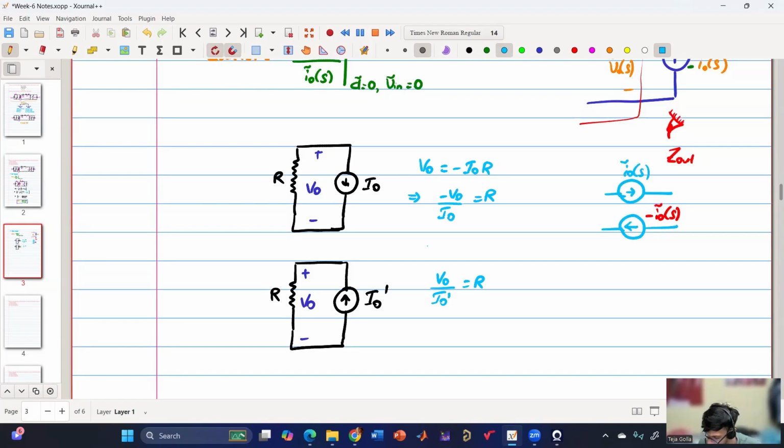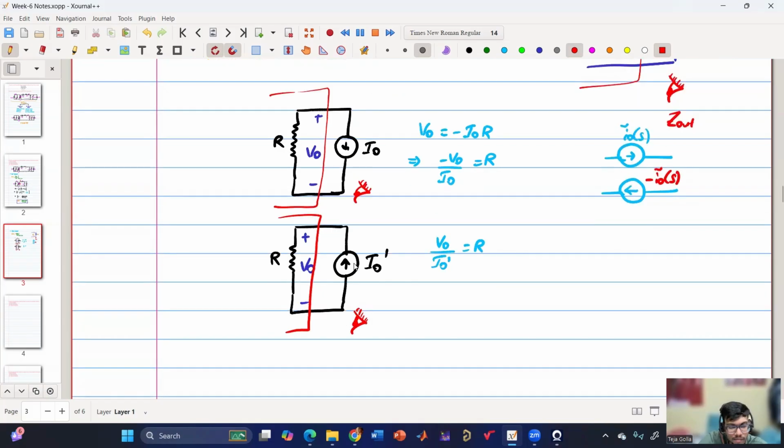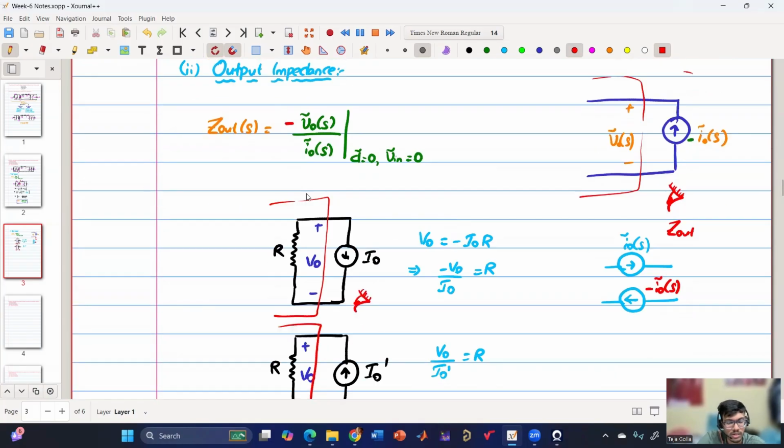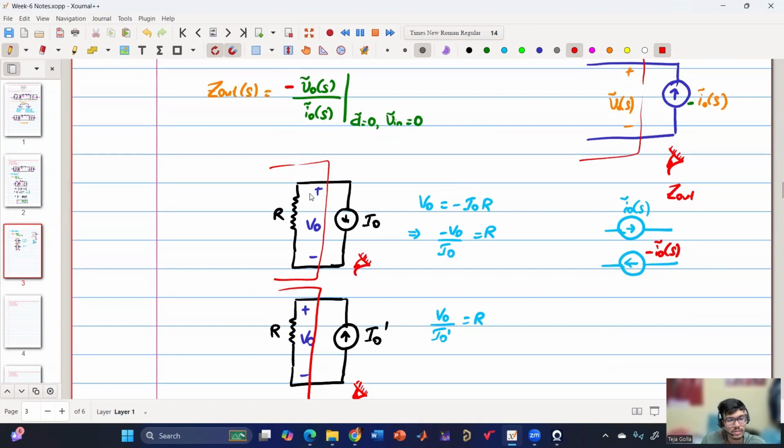But if I see the impedance in both cases, looking at the circuit, I can say the output impedance is resistance R. But mathematically, I have to deliberately put a minus sign here because here I am sinking the current, whereas here I am supplying the current. So that's why this minus sign comes over here. Clear, right?